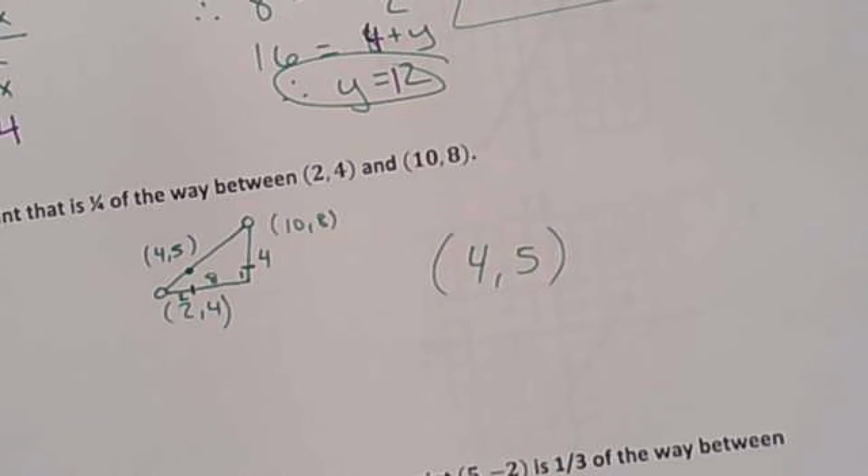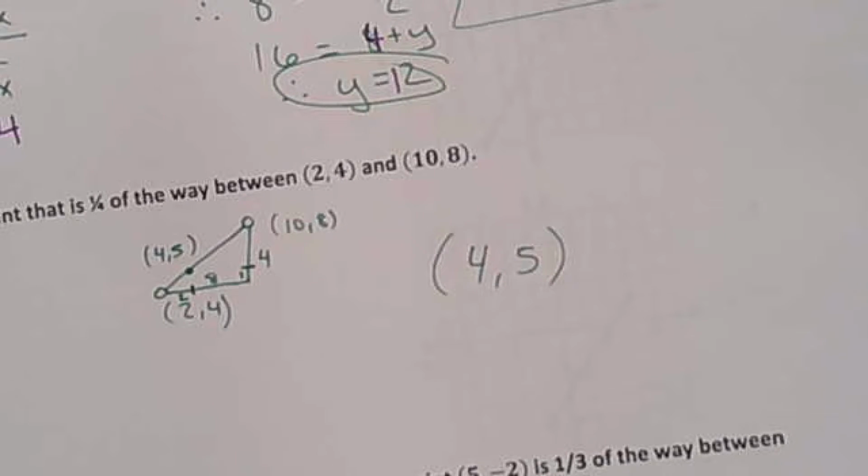So the distance between these two, and I can't get my finger even close to this thing, so it'll activate, right? We have 2 over here for an x value, and we have 10 over there for an x value. The difference between 10 and 2 is 8. So that's the distance horizontally. Well, 8's divisible by 4. So I divide that by 4, I get 2. So that's a quarter of the way horizontally, right? Here, vertically, the distance is 4 because we're between 4 and 8.